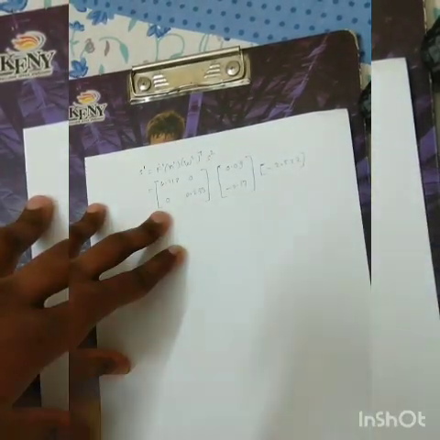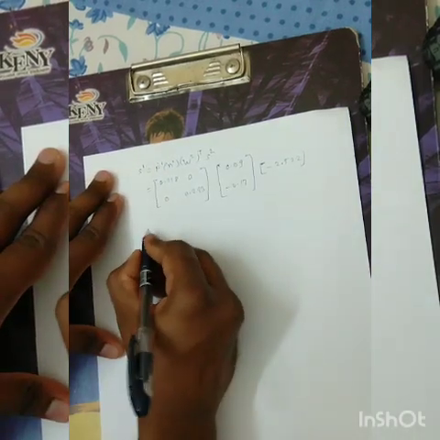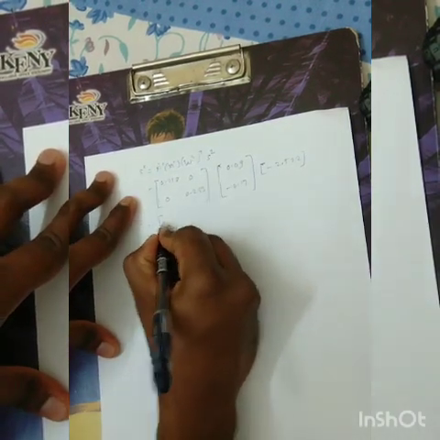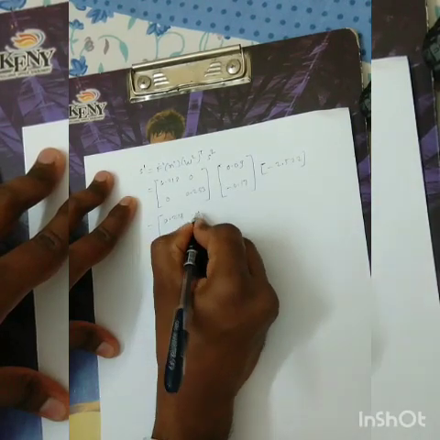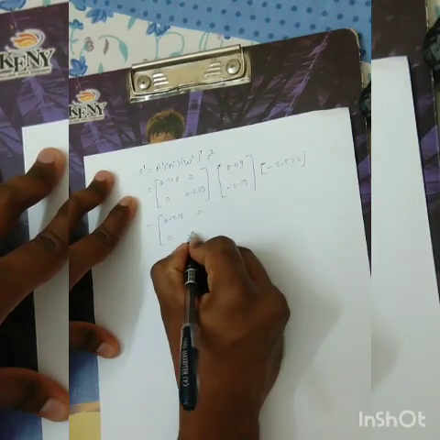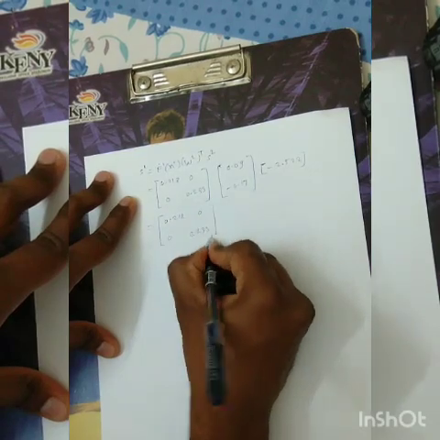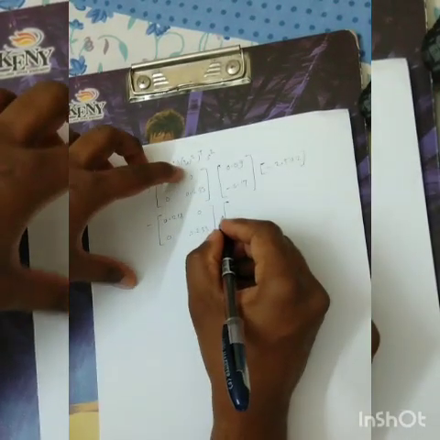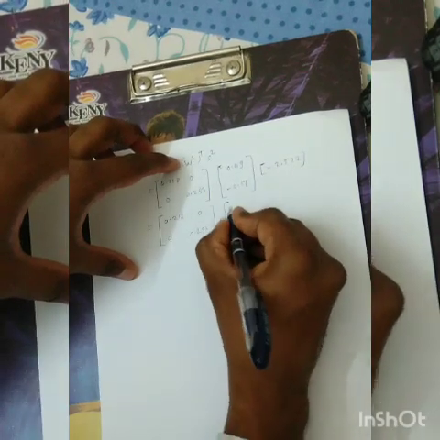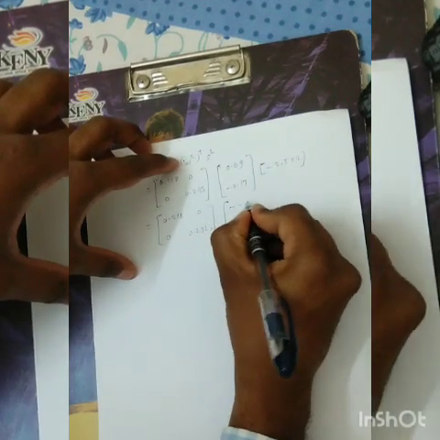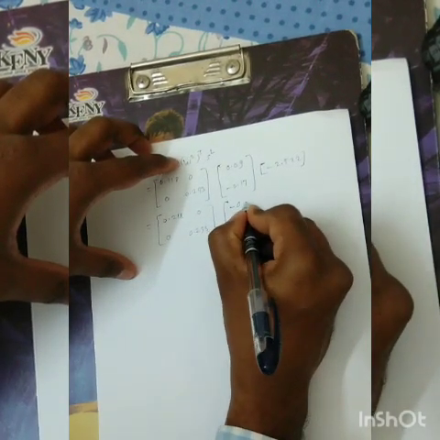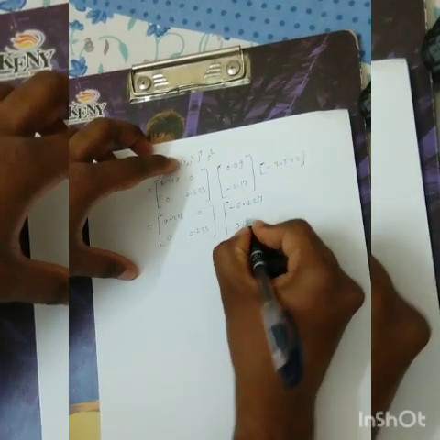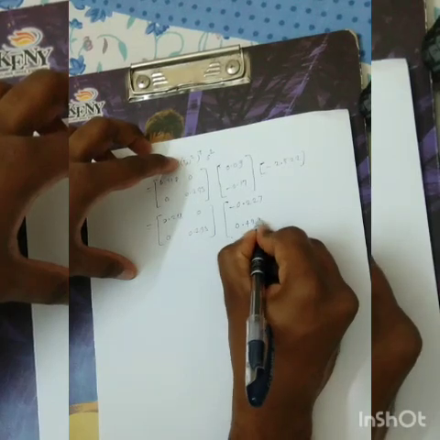So it is 0.218, 0, 0, 0.233, and the multiplication of these two matrices will be minus 0.227, and the second element will be 0.429.